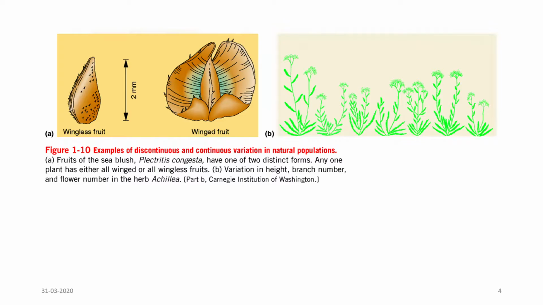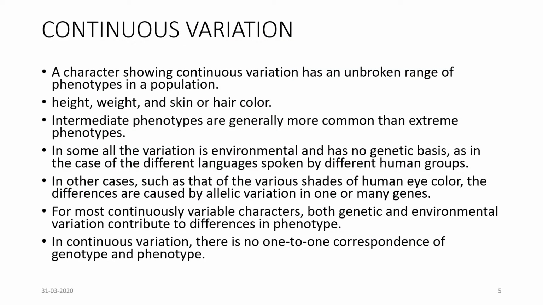Besides that, there is a small picture which shows variation in height, branch number, and flower number in a herb. You can see that there is no clear differentiation between two characters, for example height. There is no clear difference like tall and short, and there is a gradation or variation from the highest to the lowest.